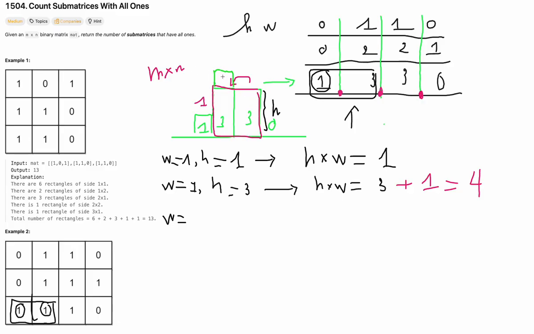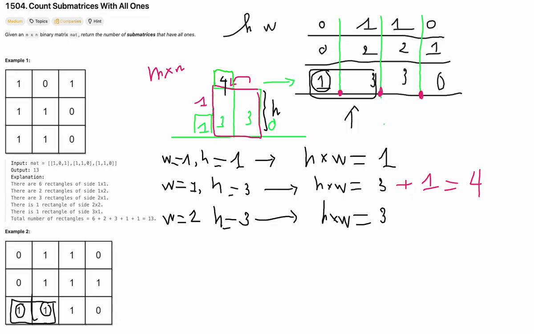If this one is 4, it's okay, we can still form it with the current height. So what is the current height in here? The current height is 3. However, because the previous one is also 3, we can combine them together to expand the width by 1. So the width in here is 2, and finally the height times width is equal to 3, right?